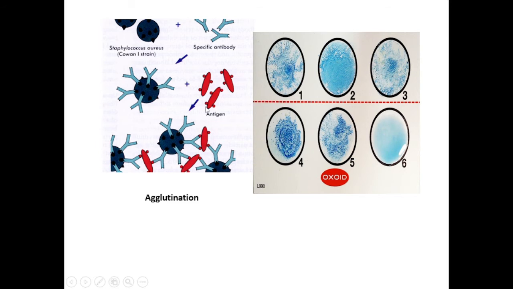The antigen gets agglutinated, and this is what you can see on this slide method of the Widal reaction. Here you can see the agglutination, the particulate agglutination here. Here this is no agglutination. One example is the Widal test.